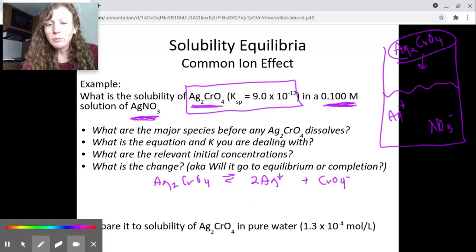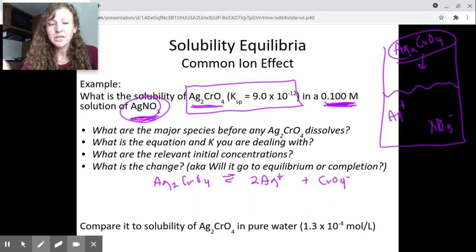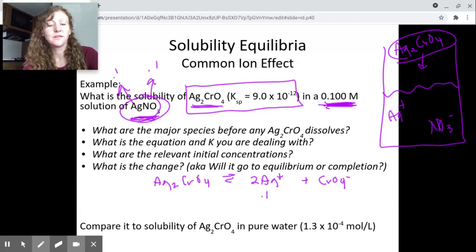So if we have 0.1 molar AgNO3, that means 0.1 moles of it have broken up into Ag+ and NO3-. So I'm going to have 0.1 moles of both of those. Now, NO3- doesn't affect anything, so I'm going to put a 0.1 for the silver. I don't have to include NO3-. It's not going to react with anything, it's not going to be part of a dissociation, it's not going to affect anything. I'm just going to ignore it.